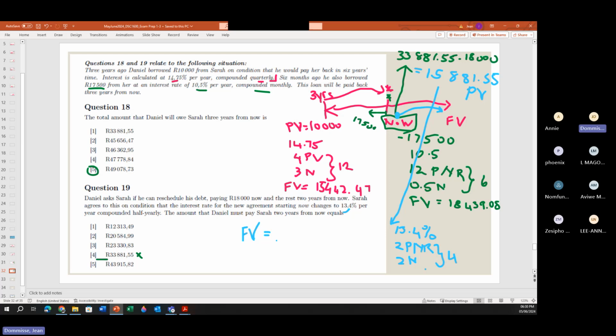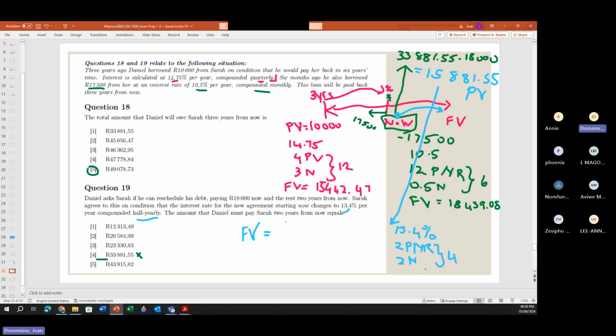So 15,881 rand 55 cents is your present value, but you're now working with a new interest of 13.4% at 2 times a year, because they said it is now half yearly for 2 years.